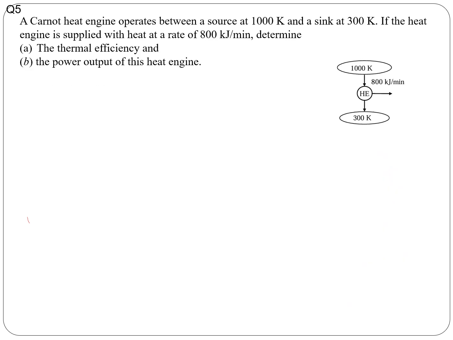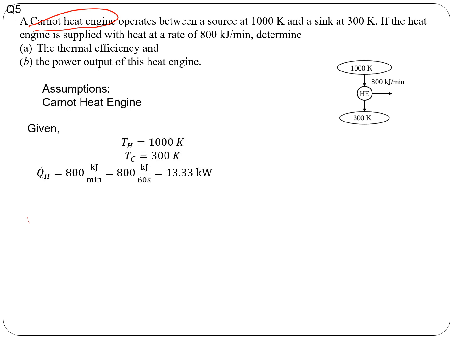But if it is a Carnot heat engine like here, then you can use the formulas that relate to the temperature as well. So in this case, when it is a Carnot, it becomes 1 minus TL by TH. This is also equal to 1 minus QL by QH.